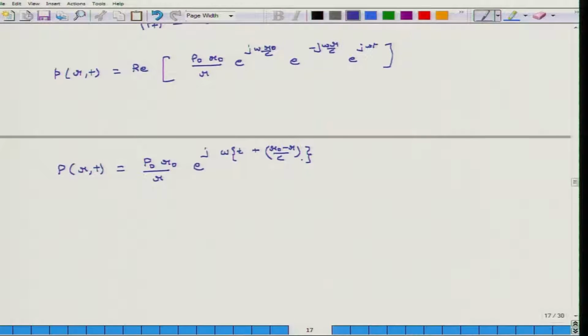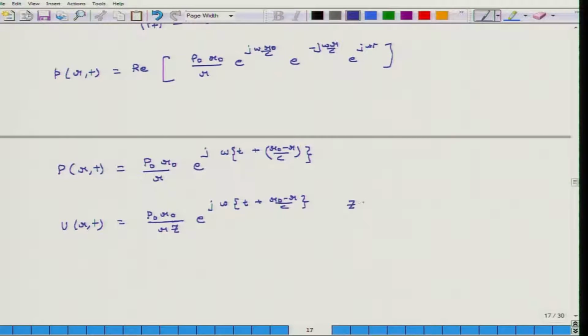So, that is my complex pressure, and my complex velocity is complex pressure divided by Z, times exponent j omega t plus R naught minus R divided by c. So, that is there. Okay.